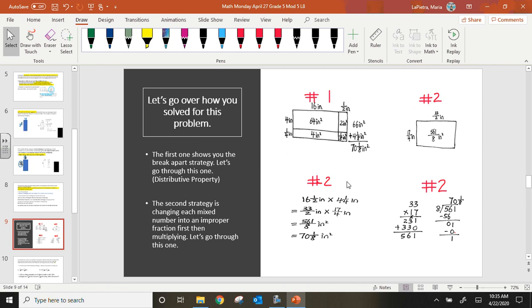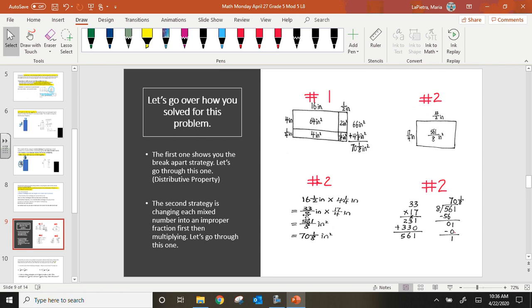So here's my number 2 explanation. All right, so 33 over 2 times 17 over 4 gave us 33 times 17. Here's my multiplication of that. You would get 561 over the denominator, which is 2 times 4, which gave you 8. So now I have 561 over 8.